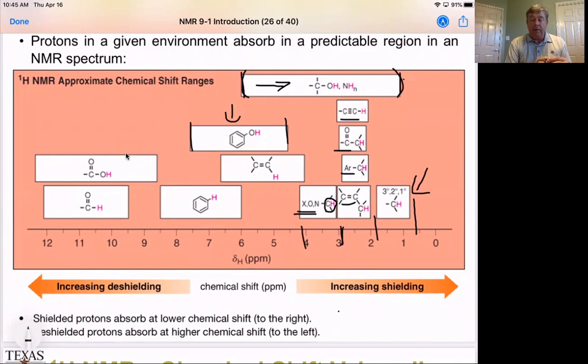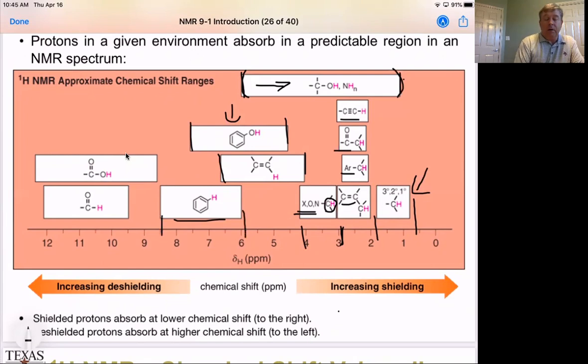The next thing up we have is hydrogens bonded directly to a double bond, to an sp2 hybridized carbon. Those tend to be shifted between 4 and 6.5. Once we get to benzene, the conjugation gives us a little bit more of a tug, and therefore we're higher. We're in the 6 to 8.5 range.